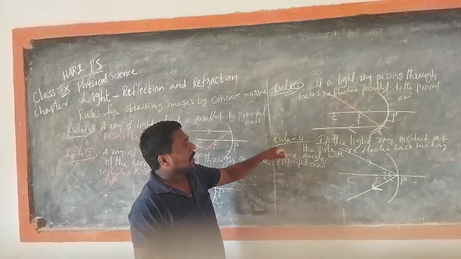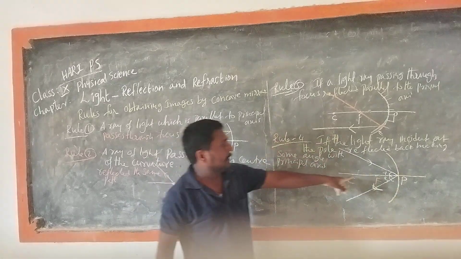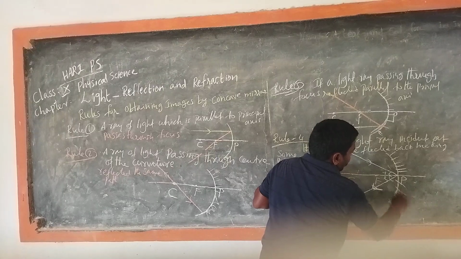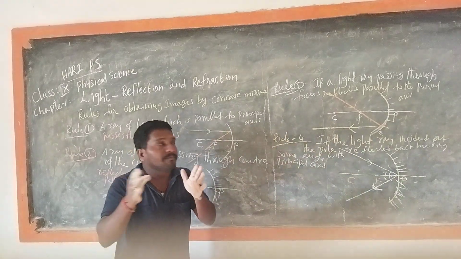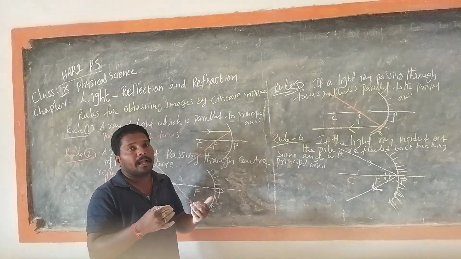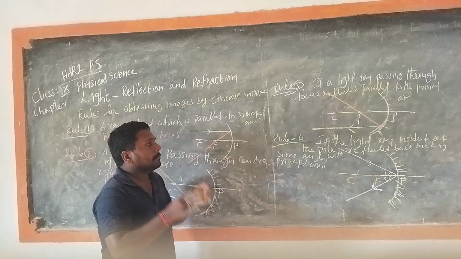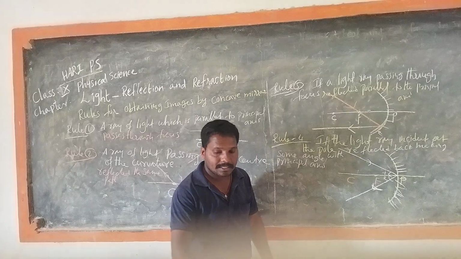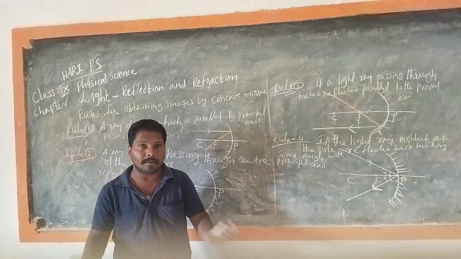Then rule 4, if the light ray is incident at the pole, it is reflected back, making some angle with the principal axis. Here the principal axis acts as a normal.